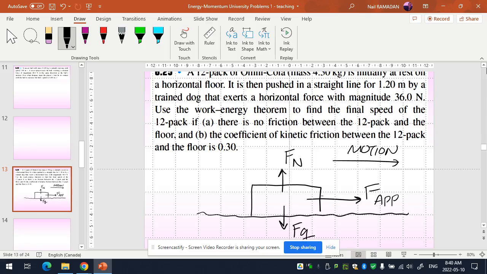Okay, so use the work energy theorem to find the final speed. Initially, what was the speed of the box? Initially, 0. Okay, perfect. So what's the equation that relates work to energy?